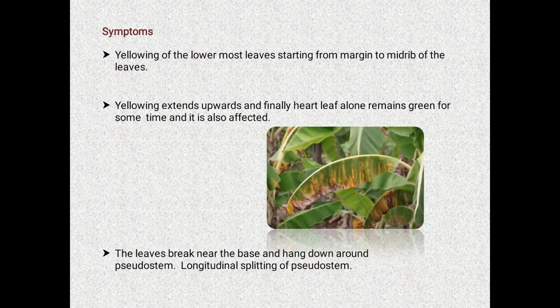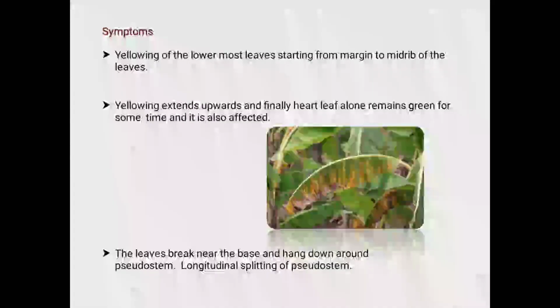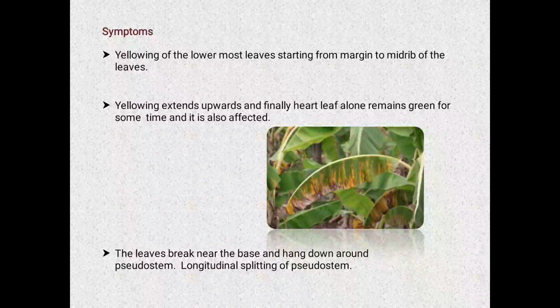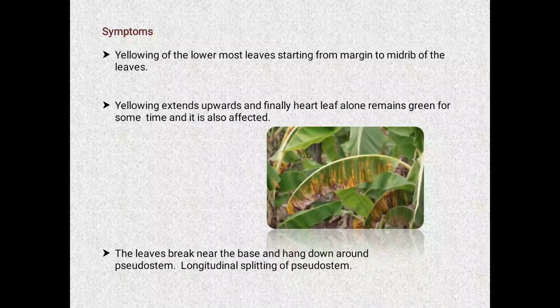Yellowing extends upward and finally the heart leaf alone remains green. The leaves break near the base and hang down around the pseudostem. Longitudinal splitting of the pseudostem. After infection of Fusarium, you can observe the yellowing of the leaves.